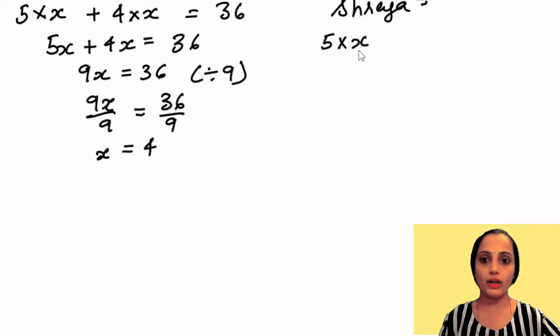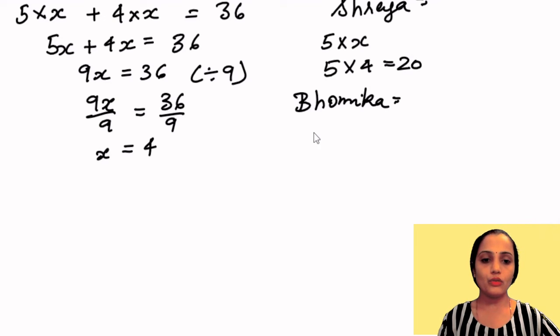Now we already know x is 4. So 5 into 4, she gets 20 rupees, and Bhumika gets 4 into 4, so she gets 16 rupees.